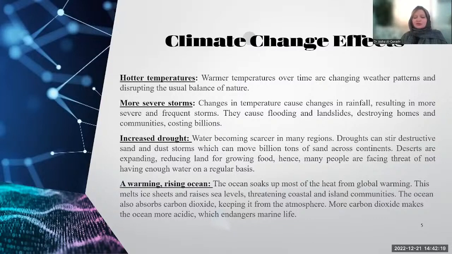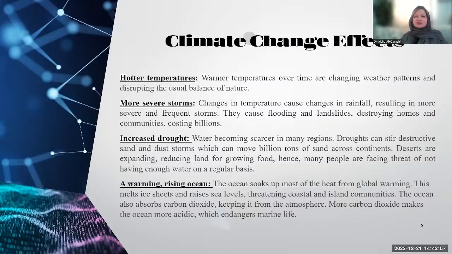So the rainfall pattern is becoming different and more severe. Floods are noticed. Increased droughts: we have more severe storms in some parts and more severe droughts in other parts of the world. And we know the effects of that on water resources, on agriculture, on people's settlements, and on food security.